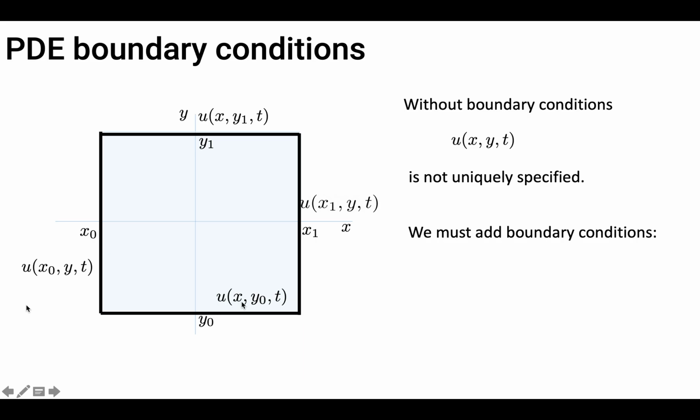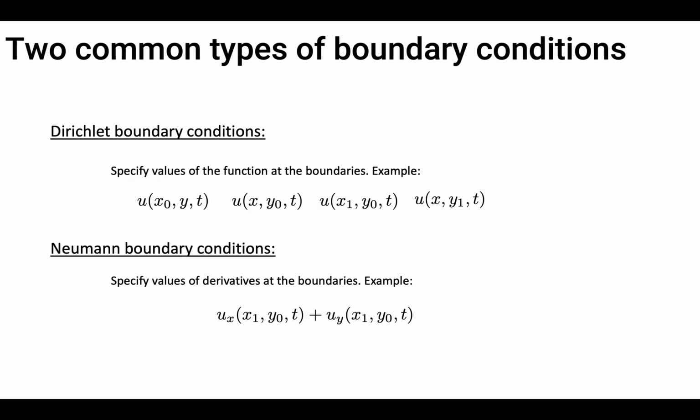So if we just specify derivative values on the boundary, we are specifying the Neumann type of boundary conditions. Of course, there are mixed boundary conditions where you specify both the values and the derivative values, which are usually called the Robin conditions, which are more complicated. And in this course, we're just going to talk about these two types of boundary conditions.